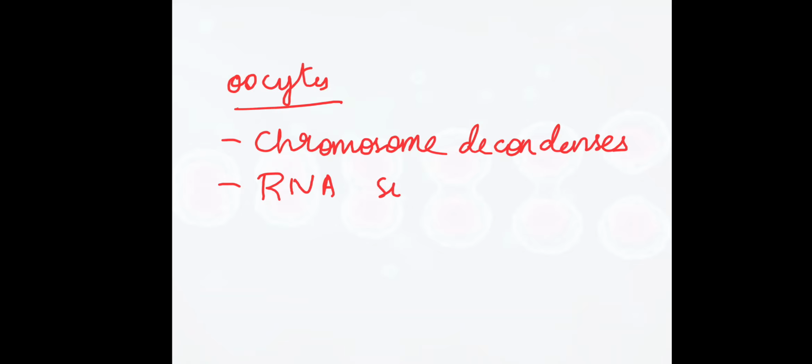Why is RNA synthesis happening here? To provide storage materials for the egg, right? In extreme conditions, the diplotene chromosome can become highly active in RNA synthesis and expand to an enormous extent. So it produces lampbrush chromosomes found in amphibians and some other organisms.